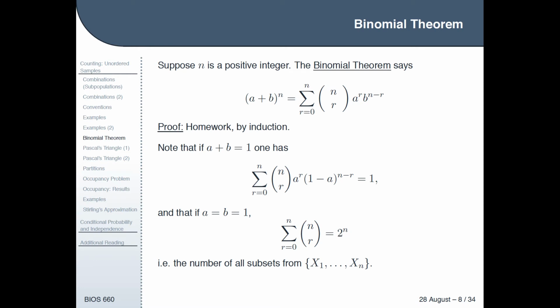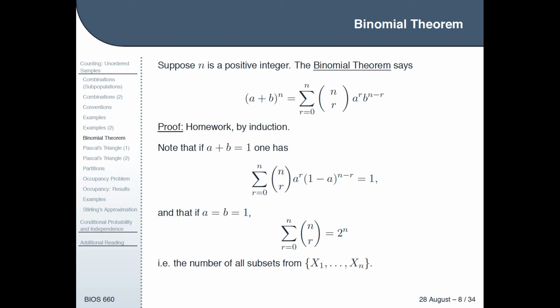And a couple important special cases of this: if a plus b equals 1, then that gives you that the sum from 0 to n of n choose r times a to the r times 1 minus a to the n minus r will sum to 1.